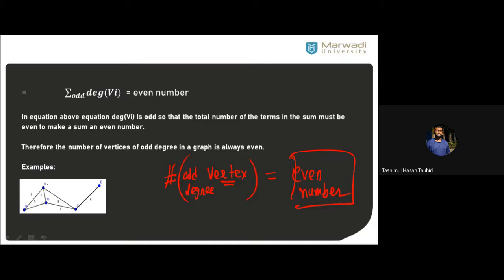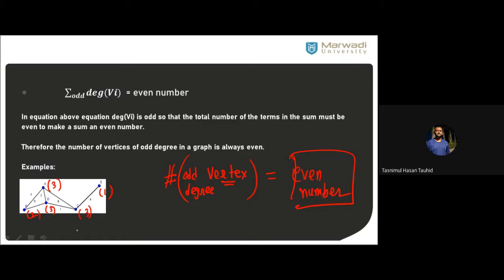Here, in this graph, vertex A has degree 3, vertex B has degree 2, D is 3, C is 3 and E is 1. There are a total of 5 vertices.